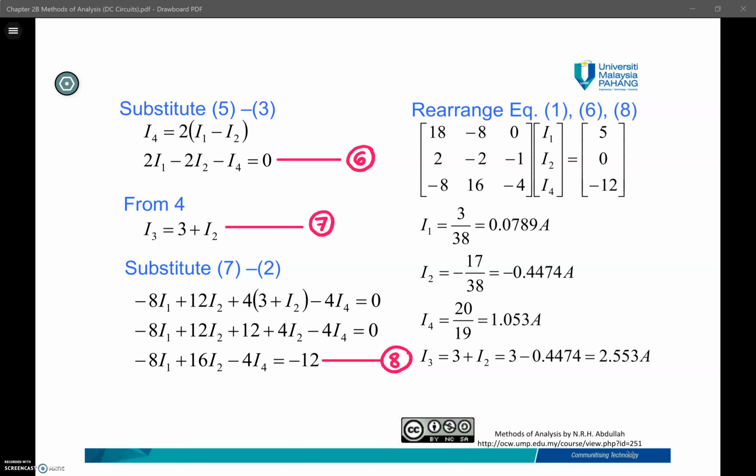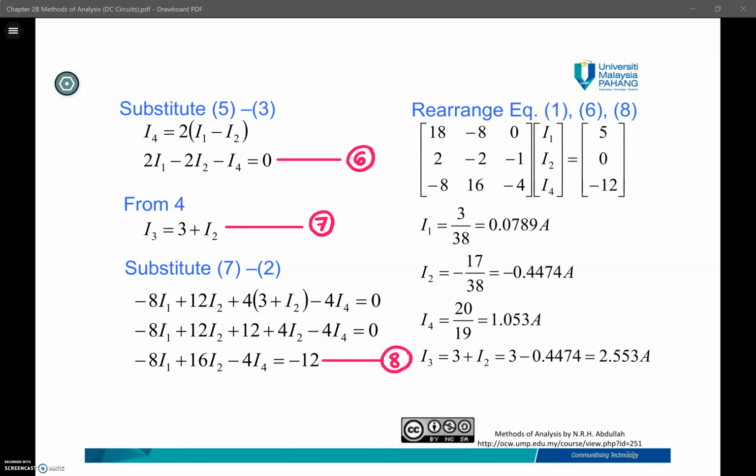Because the calculator only handles 3 by 3 Cramer's rule, from the 5 equations, you have to reduce the equations so that you are left with 3 equations. Therefore, you can substitute the Cramer's equation into the calculator. From 4, you solve that so that it becomes equation number 7.